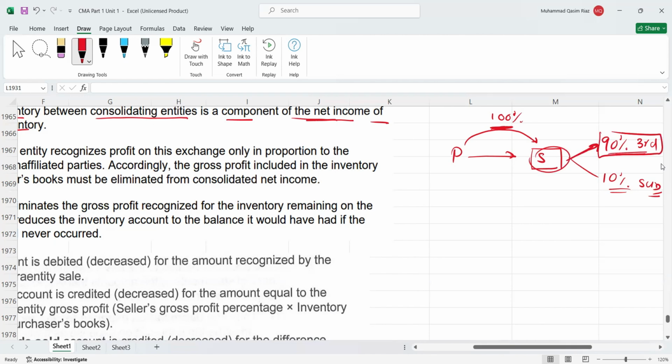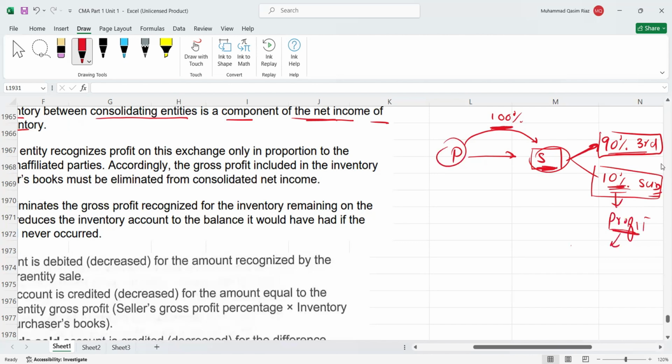So this we don't need to eliminate. But whatever intra-entity sale or cost of goods sold there is, or whatever intra-entity profit there is, because the 10% inventory held by the subsidiary is still not sold and remains on the subsidiary's books, it has some portion of the profit. That profit we will also eliminate. Why? Because when the parent sold goods to the subsidiary, obviously there is some part of profit.